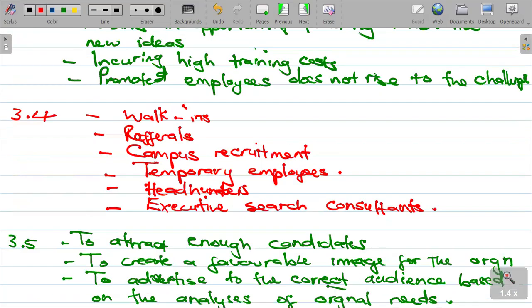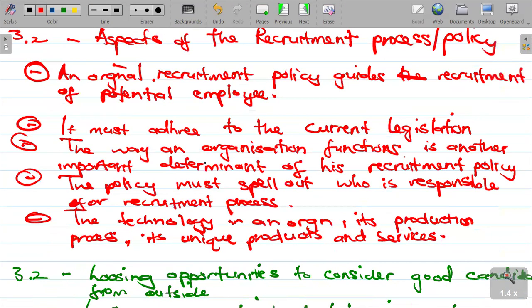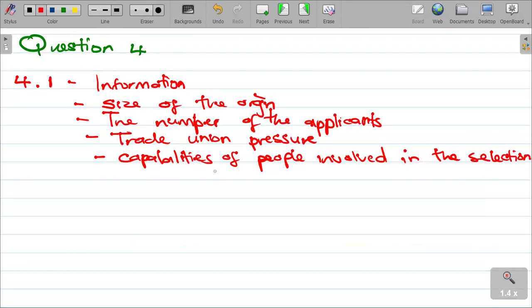Right. Let's go to 4.2. Name and explain 6 interview techniques the selection panel can use.